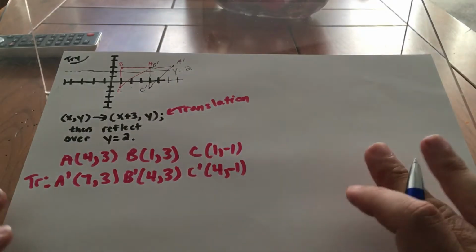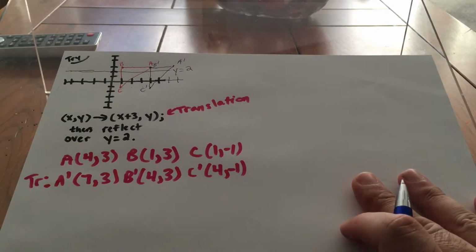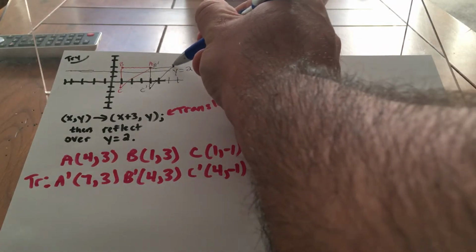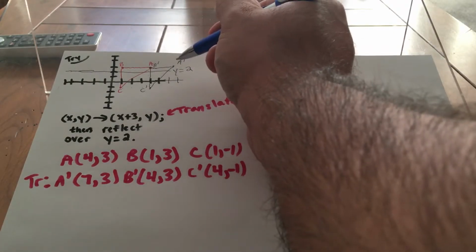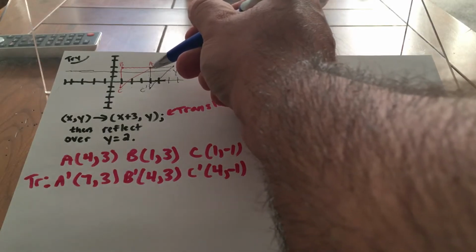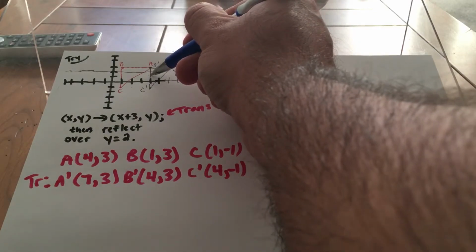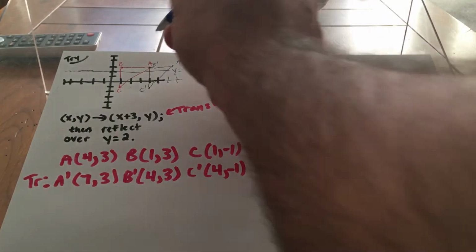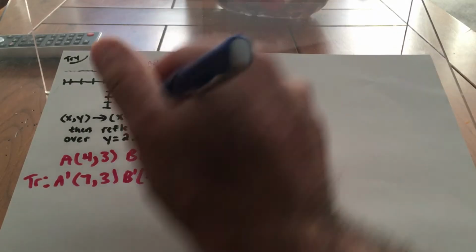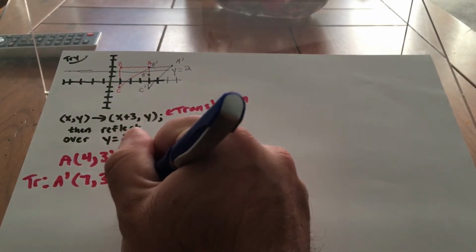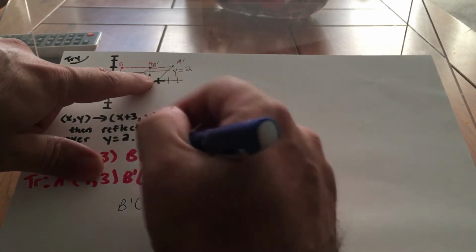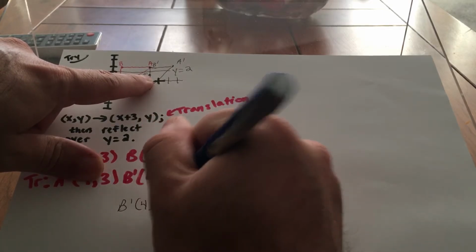All right. Now, if you want to reflect about y equal 2, basically what you have to do is count back to this line and then count away from that line. So for your A prime and B prime, you're only going 1, so you have to go 1 more beyond that. So notice here for B prime we counted 1, so your new B prime would be right here. So your new B prime down here is at the point 1, 2, 3, 4, and up 1.